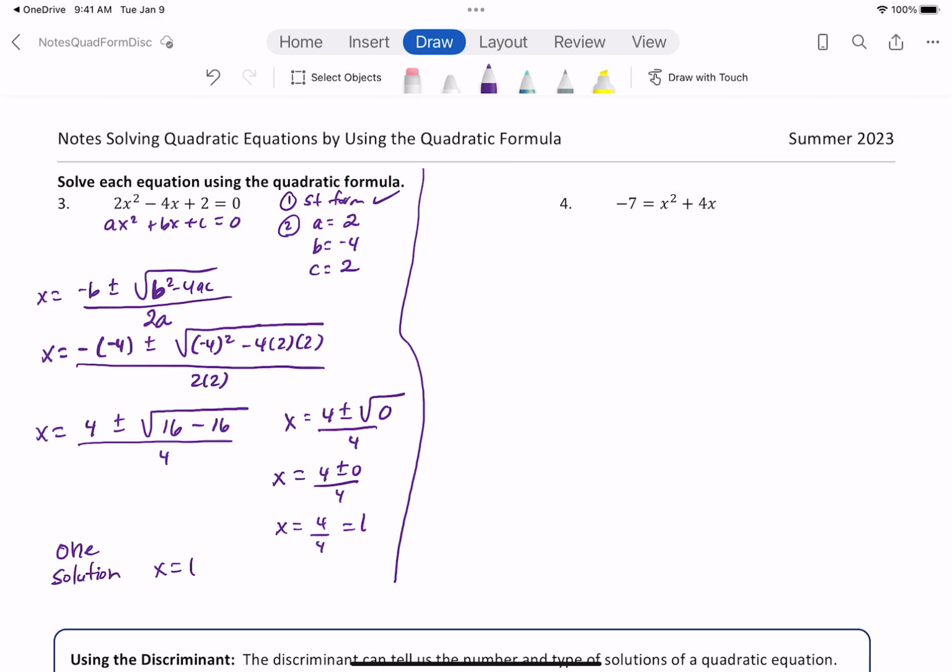Alright, for number 4, this one is not in standard form. I'm going to add 7 to both sides and get x squared plus 4x plus 7. So now we can read off our values. A in this case is 1, B in this case is 4, and C in this case is 7.